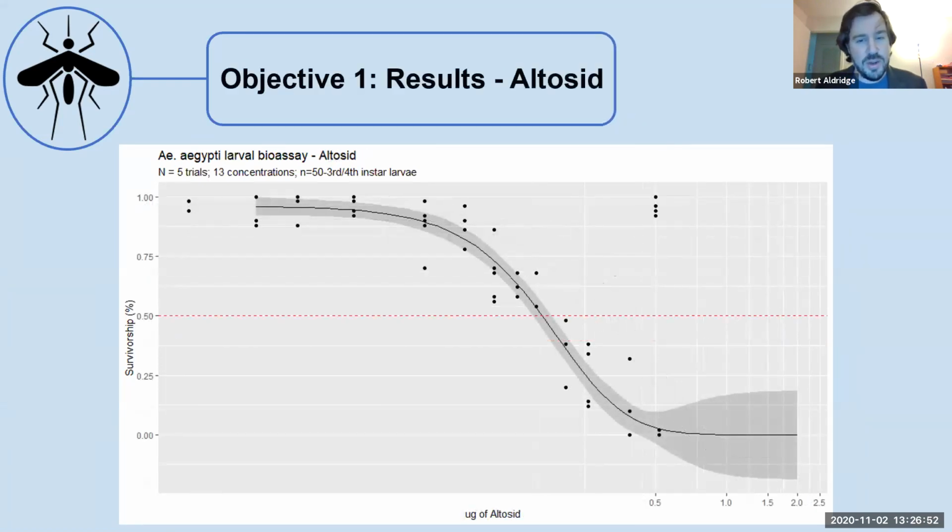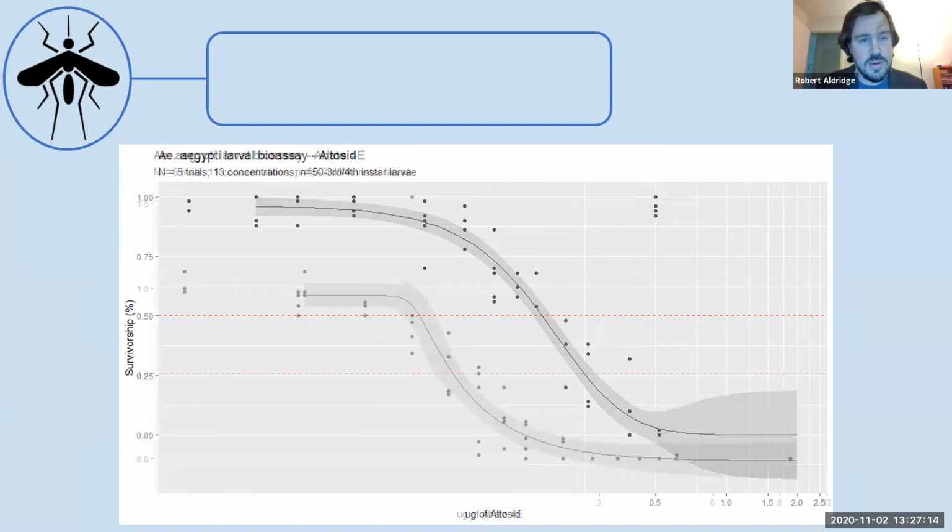Altosid is methoprene. Methoprene is also a juvenile hormone mimic. So just as similar to pyriproxyfen, as it's molting from one stage to another, it dies. And this one is particularly sensitive to larvae. So as larvae are maturing from larva to the pupal stage, they die there.